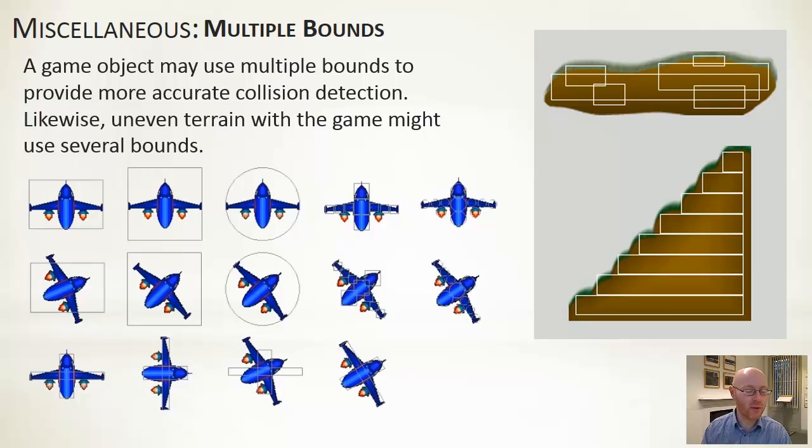You can define your game objects to contain a list of different bounds, and then if you're doing collision detection, if the bound in one object overlaps with any of those bounds, then you view it to be in collision. You can see for the spaceship examples here, we have a number of different configurations, from circular to axis aligned ones, with different combinations to give the appearance overall of interaction at different points.